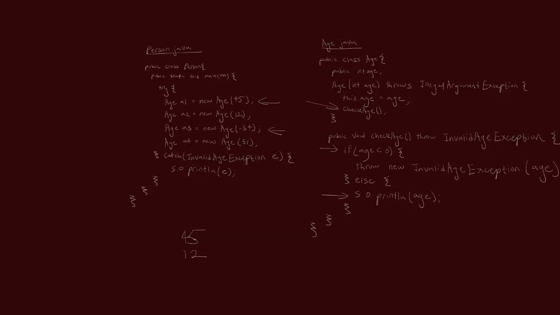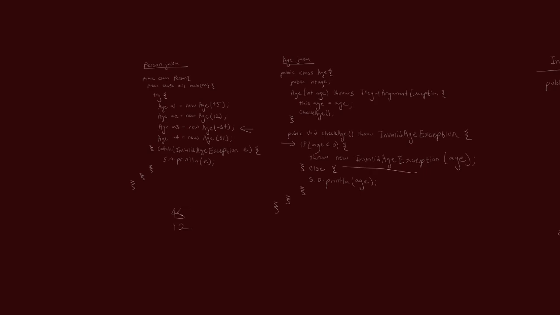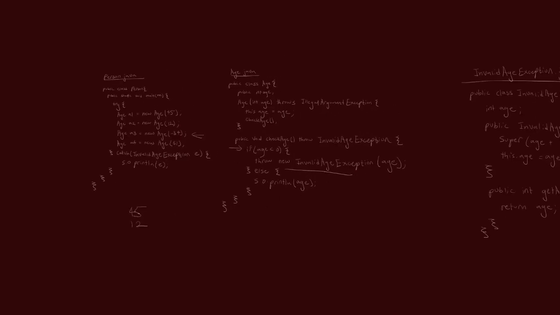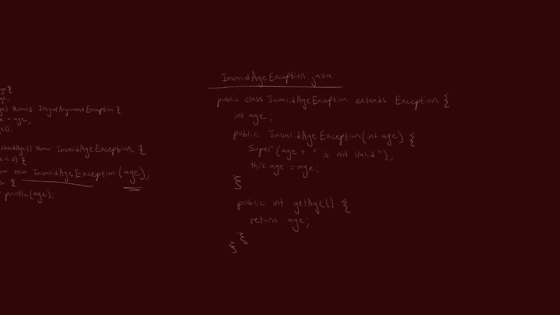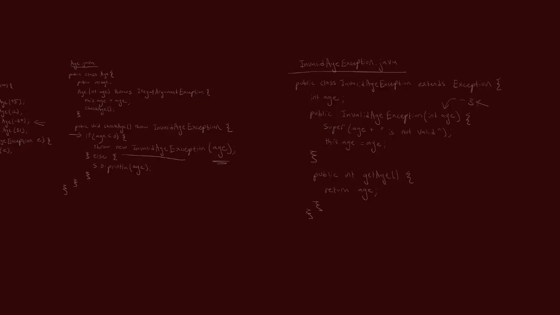But then when we're at minus 34, this is what's going to happen. The if statement is going to be true, so we throw new InvalidAgeException, but we pass in our age value, which is minus 34. So in here, minus 34 is passed here. So it's going to be minus 34 is not valid.